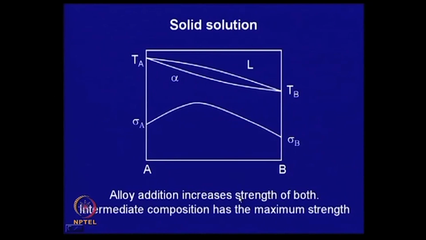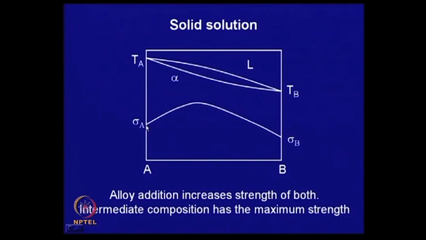Now, normally if you look at solid solution, the typical phase diagram looks like this. Here you have liquid phase, and in between this is the liquidus, this is the solidus, and here you have solid solution. There is no precipitation here, this is a pure isomorphous system, and if you look at the properties, you will find somewhere in an intermediate alloy we will have maximum strength.